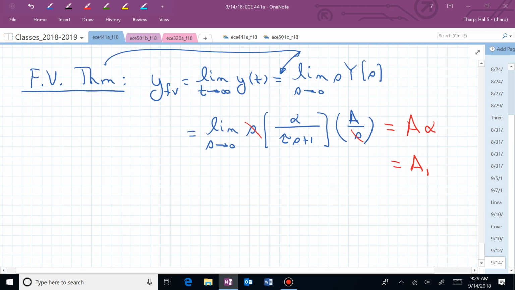Now, what are we trying to find? We measured A sub 1, the final value. We knew how big of an input we applied to the system. That was A. We were trying to find the DC gain, or the alpha constant, in our G of s transfer function. And now we have it.